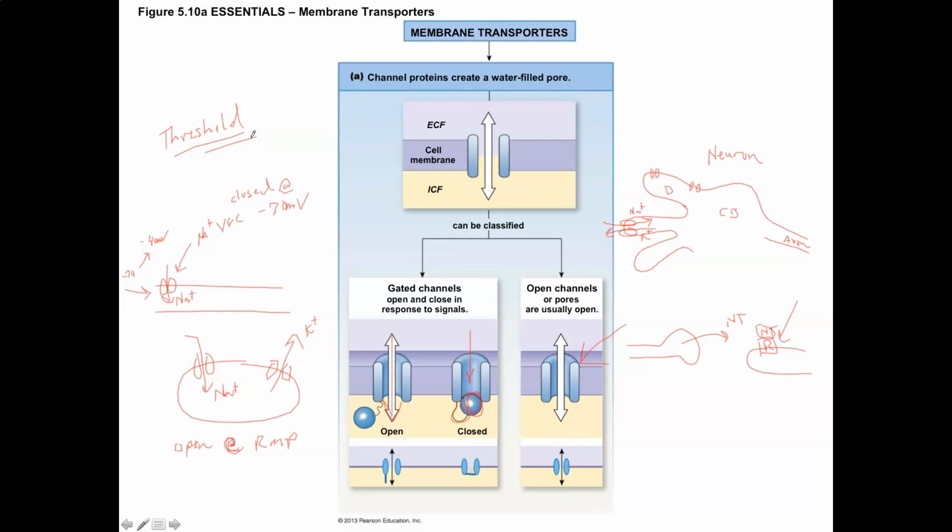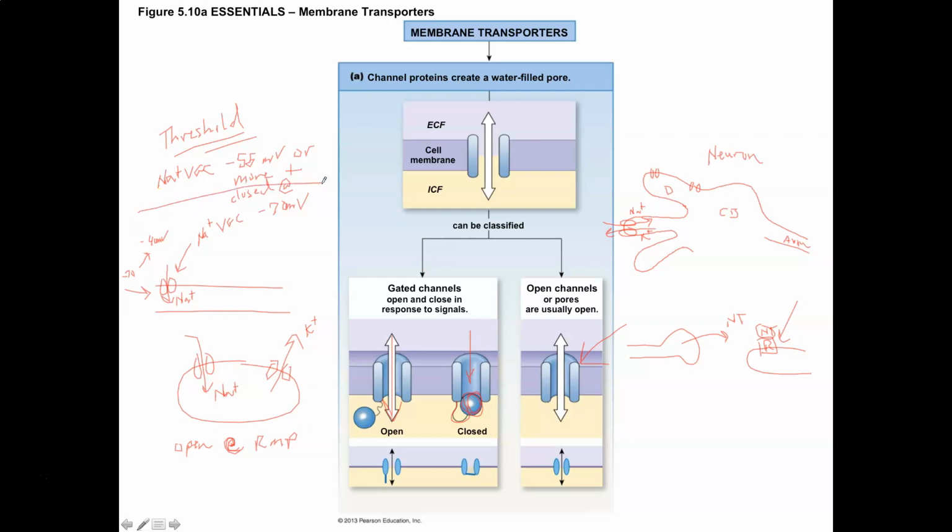Threshold is the value that has to be reached in order to open a certain type of voltage-gated channel. Sodium voltage-gated channels have a threshold of negative 55 millivolts or more positive. So what do I mean by that? Negative 55 millivolts or more positive.